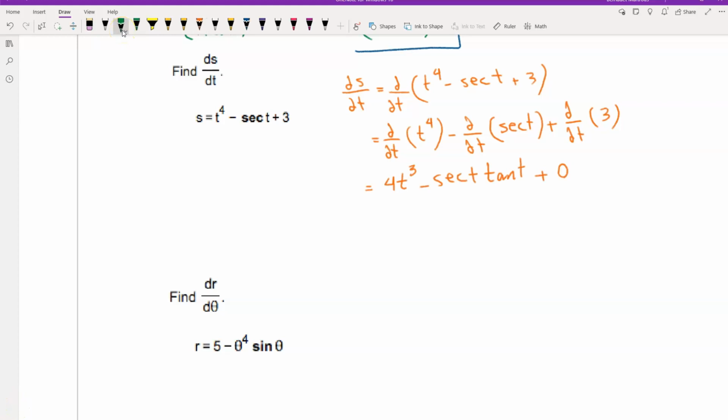So the derivative of t to the 4th power, moving the exponent to the front, has 4 times t cubed, minus the derivative of secant t, which is secant t times tangent t, and the derivative of 3 is 0. So here is our final answer for this part. It is 4t cubed minus secant t times tangent t.